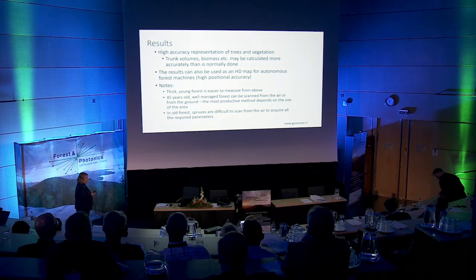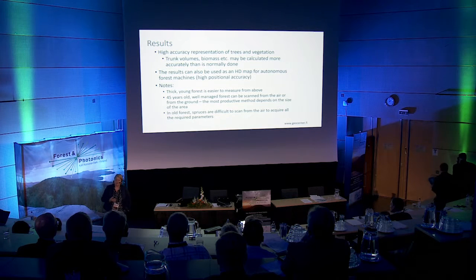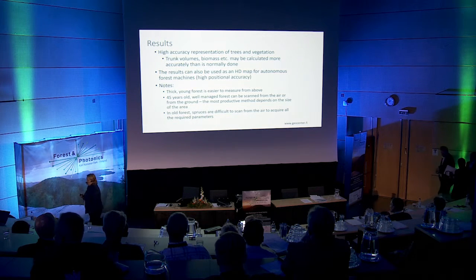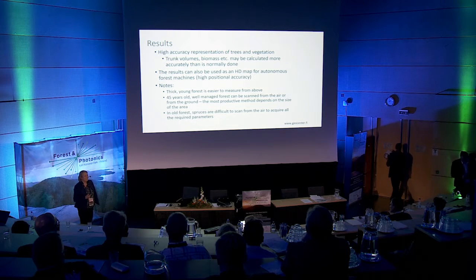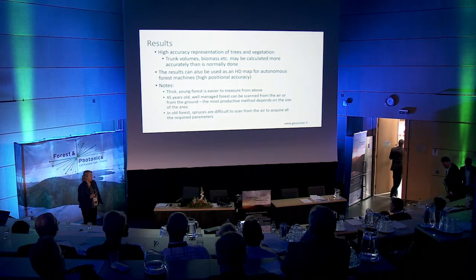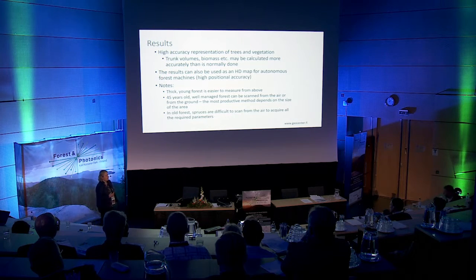And I've put here that this kind of data could be used as an HD map for autonomous vehicles. So the HD map concept is something coming from the car industry, or those who develop autonomous vehicles. There is no standard.